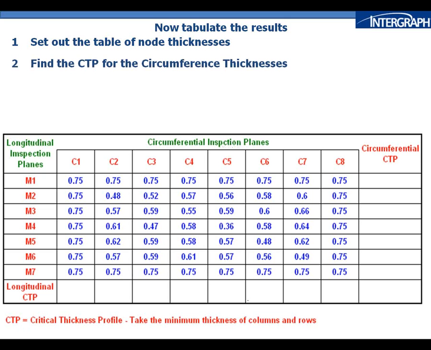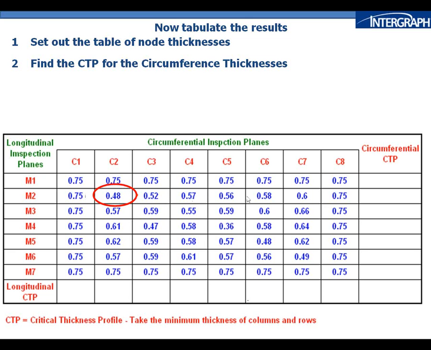So now we find the CTP for the circumferential thickness. There we are. CTP is the critical thickness profile. First of all, in the circumferential direction, we find the minimum thickness. And there it is. If you look along this line here, you'll notice that this is the thinnest point.